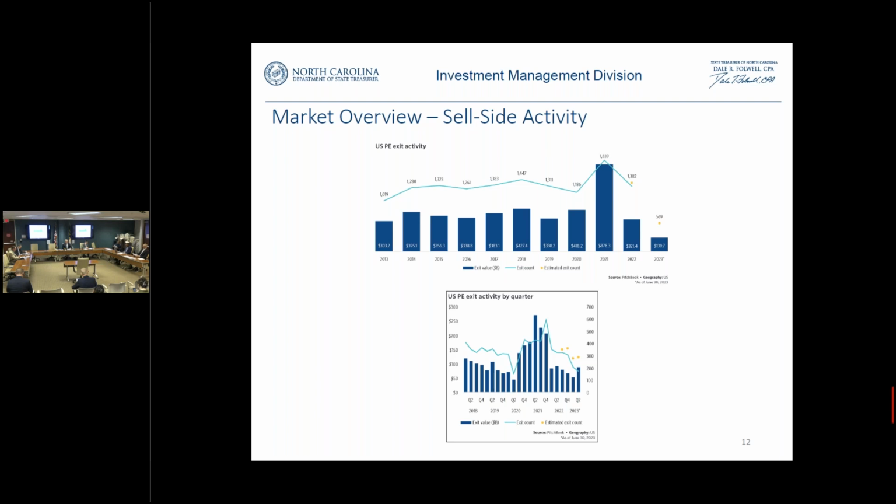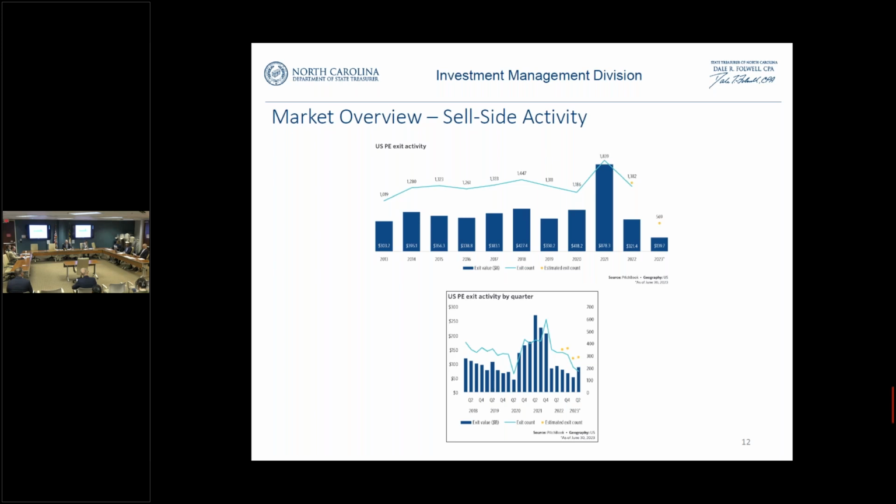So the main area where exits are taking place right now is not the IPO market. IPO markets are shut down, even though we saw some things take place over the last month or two. It's large corporations buying tuck-in acquisitions.